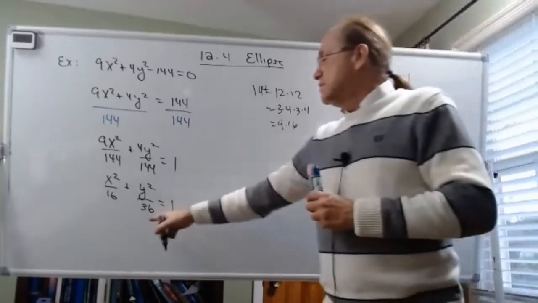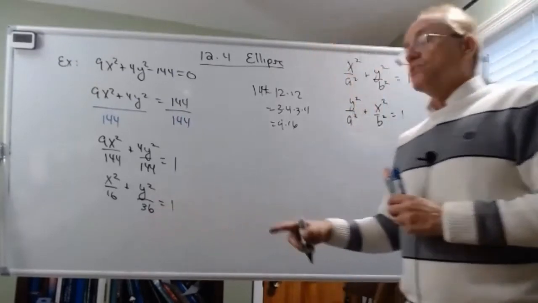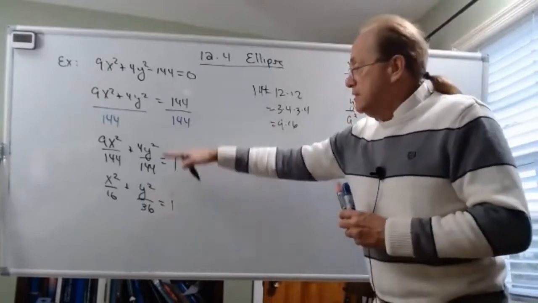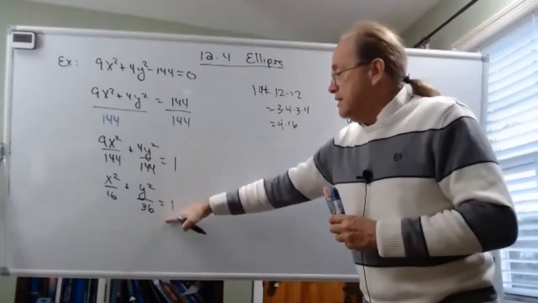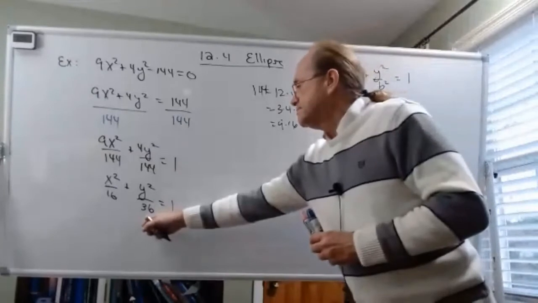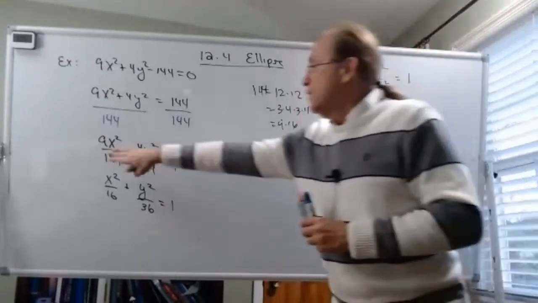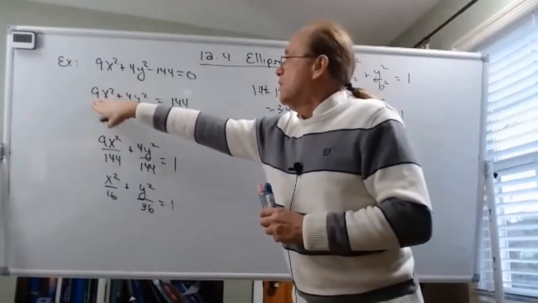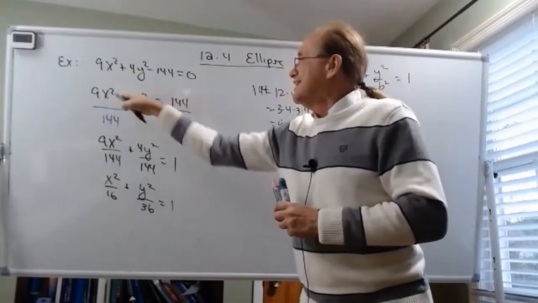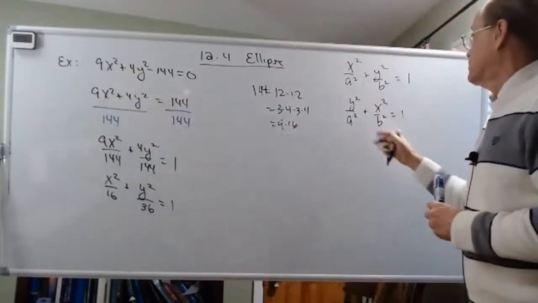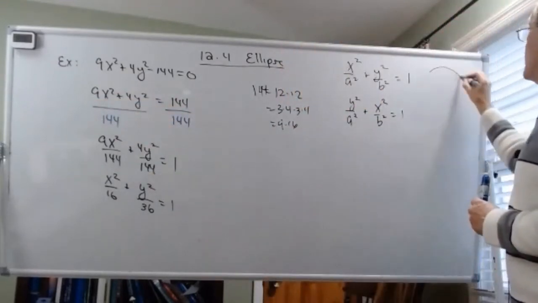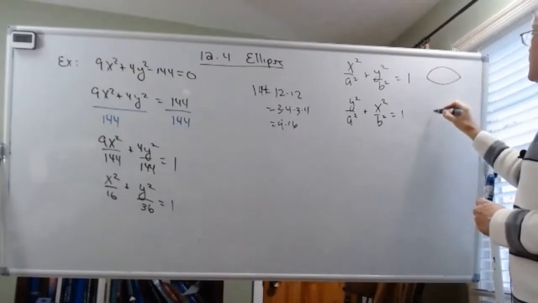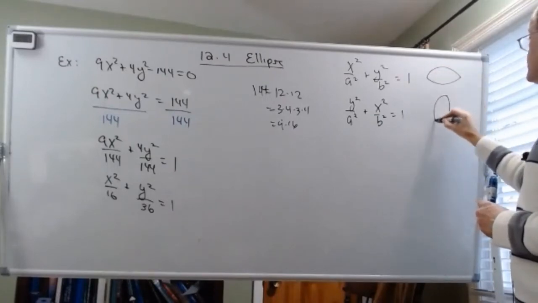Whatever number here is larger, when it's in this form and they've all divided out, that is your major axis. Notice the coefficient in front was larger, but when I divided, that became larger. So I switched.